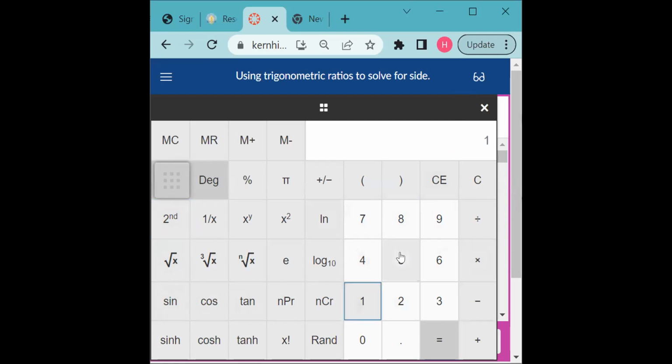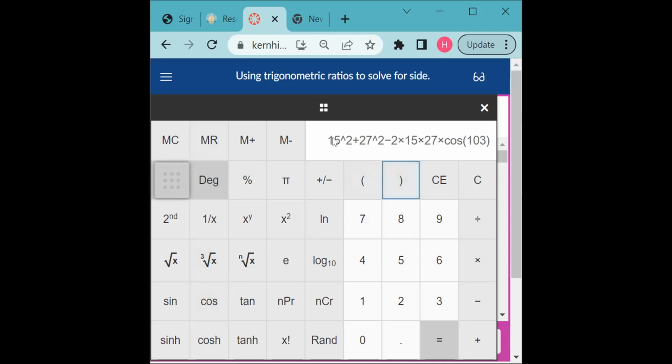I'm going to go 15 squared plus 27 squared minus 2 times 15 times 27 times cosine of 103. Close parentheses.